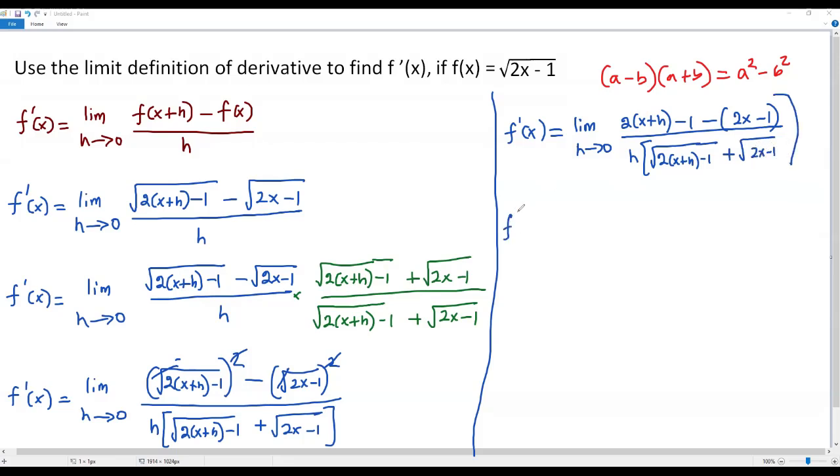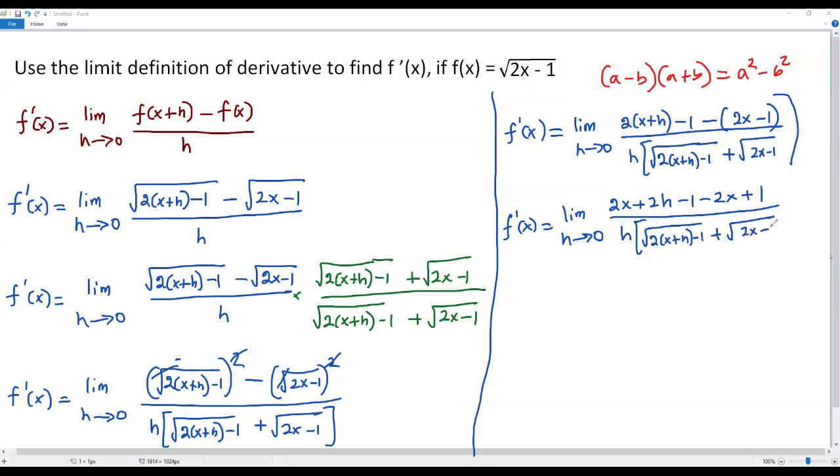Okay, so f'(x) equals the limit as h tends to 0, and we can distribute this 2 to x and h. Then I'll be getting 2x + 2h - 1, and I can distribute the negative sign to this 2x and -1. I'll be getting -2x + 1 over h times (square root of 2 times (x + h) - 1 + square root of 2x - 1).